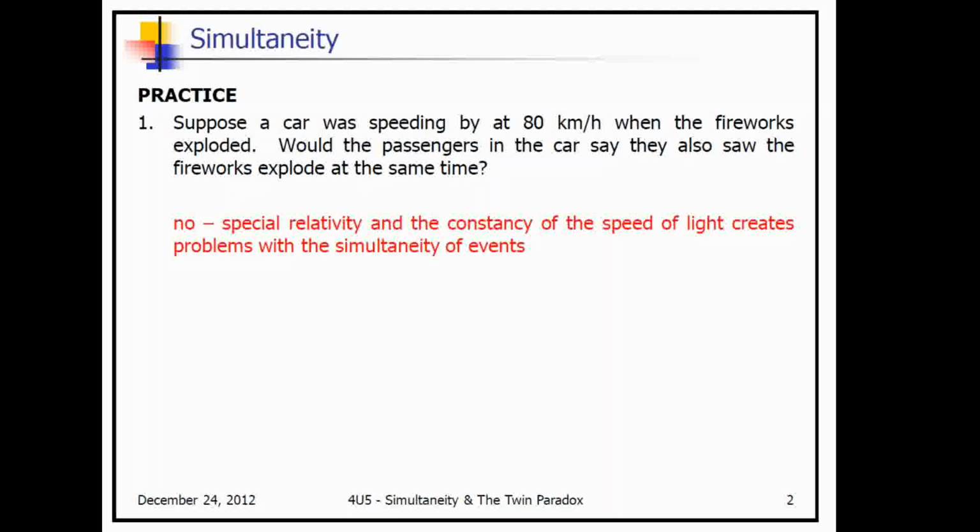In this case, they actually wouldn't, because of special relativity, and because they are moving. The idea that these events happen at the same time is only true for somebody who's in a frame of reference that is not moving with respect to the fireworks. For someone who is moving with respect to the fireworks, they would see one firework explode before the other.